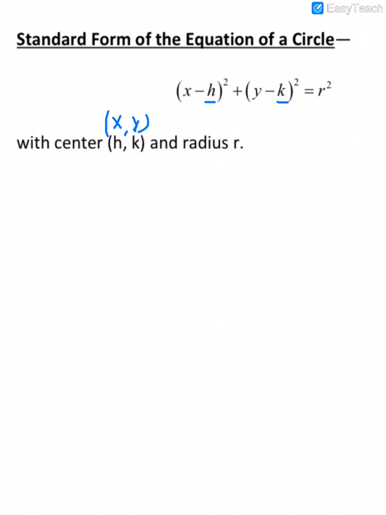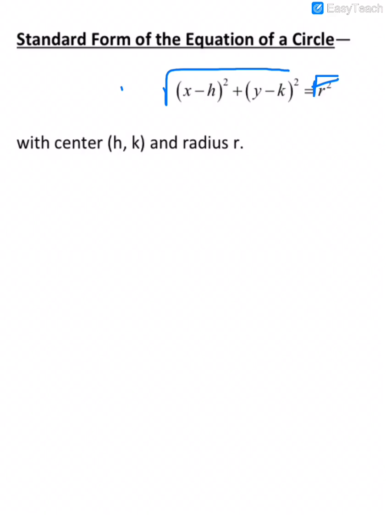Now, if you look at this equation, you might notice that it's very similar to an equation that we just talked about. This is the same as the distance formula. If I were to take the square root of both sides, square and square root would cancel each other out, so that would just be r.